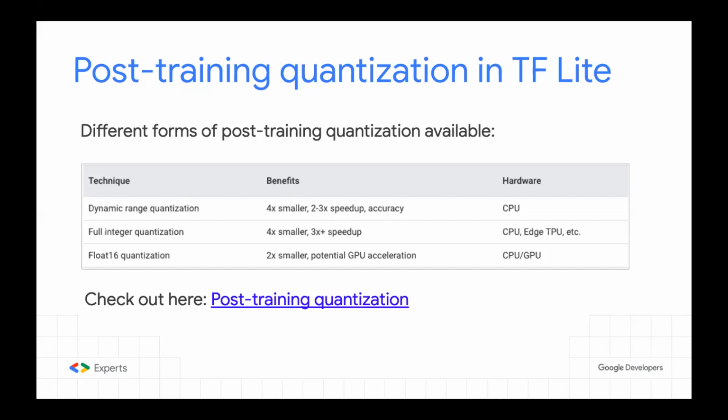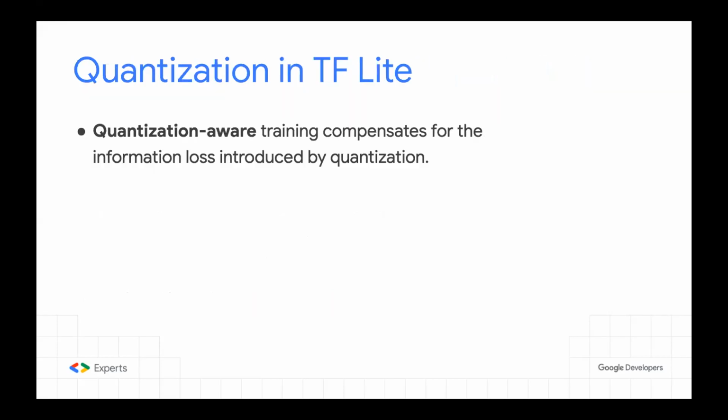But with full integer quantization, accuracy might drop a little, but you get more speedup and more size reduction. And on the far right, you can see the kind of hardware compatibility you would get with different post-training quantization techniques as well. I've linked all of this in the slide itself so that it's easily referable.